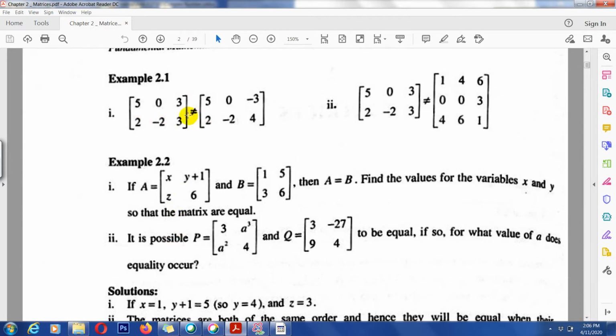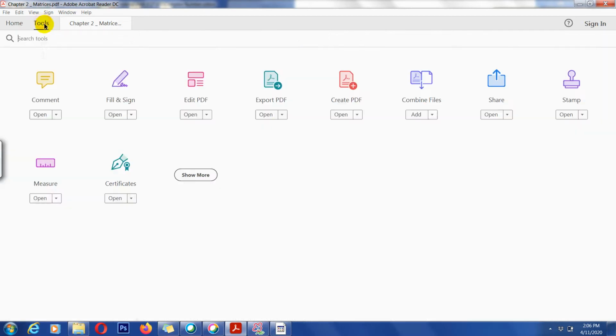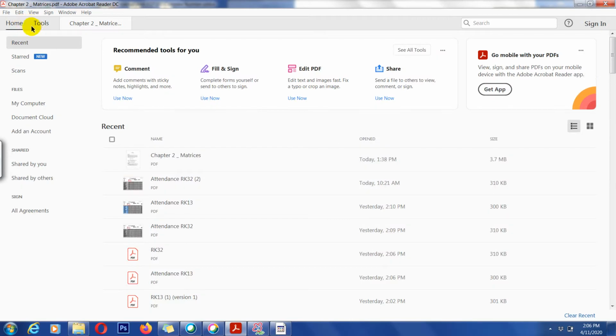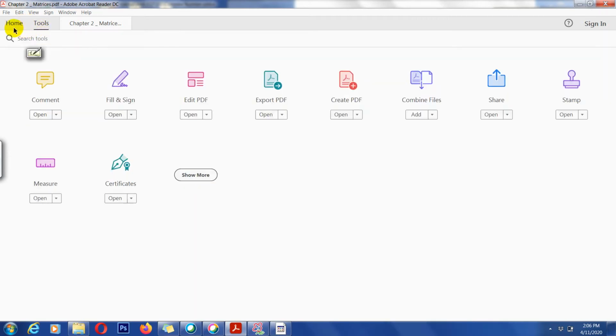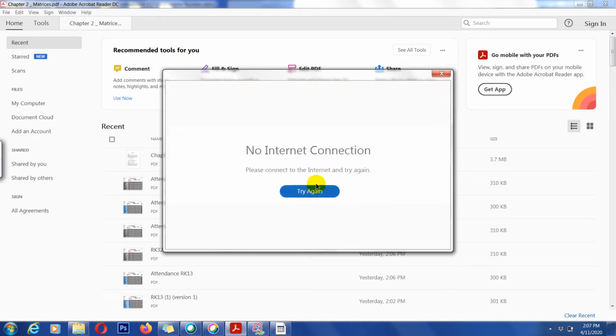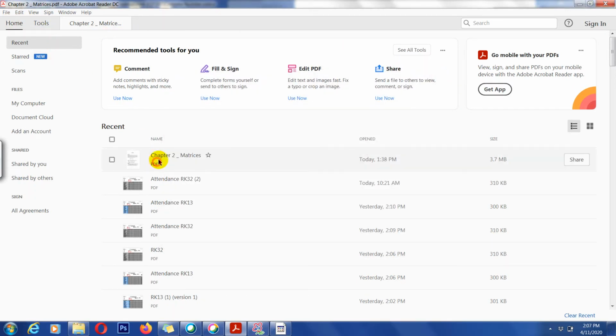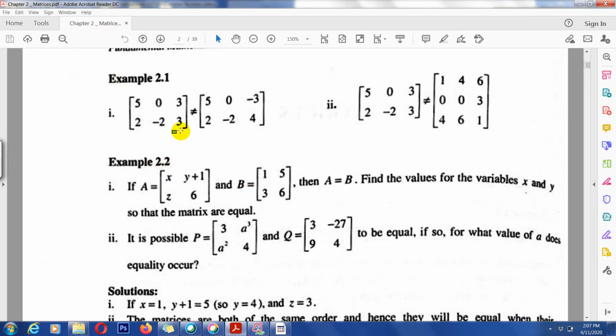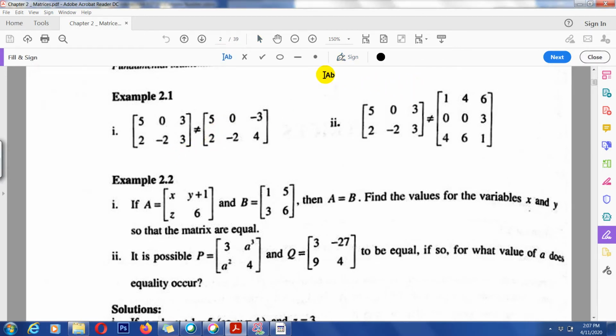so we can see here, there are two matrices, these two, 2 by 3 matrices.